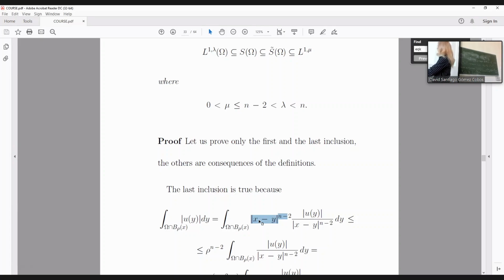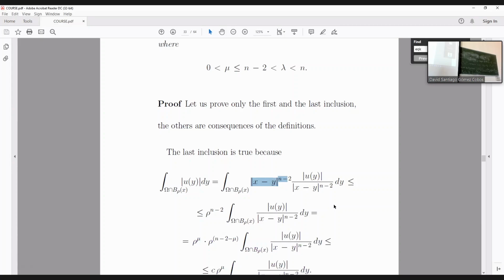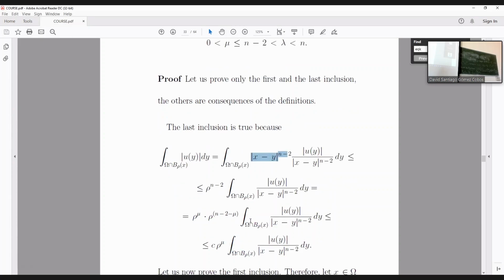This is equivalent to considering rho with exponent mu and rho with exponent minus mu.